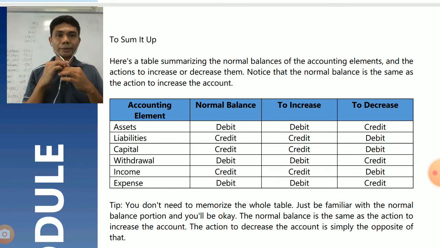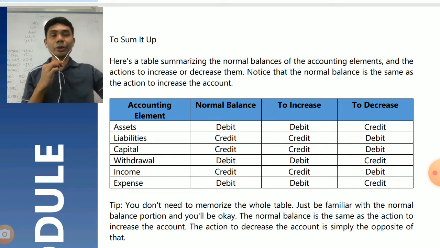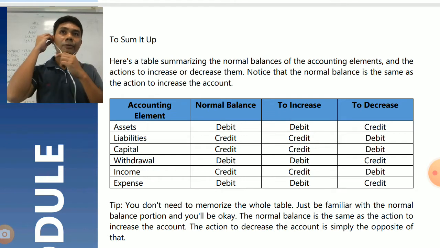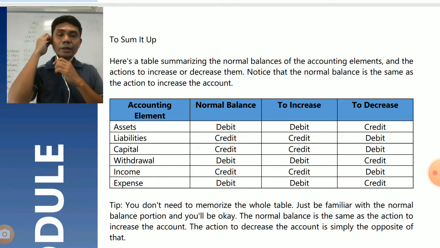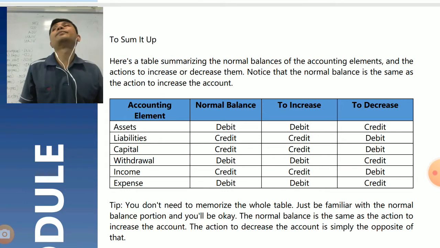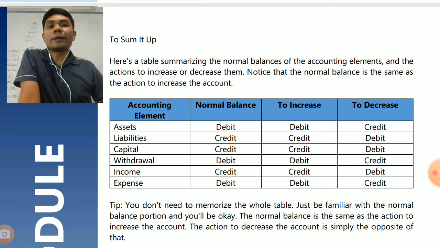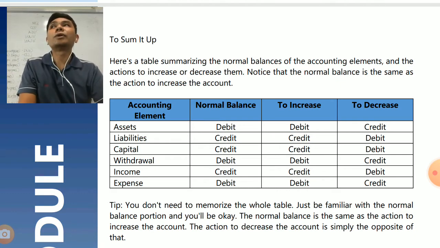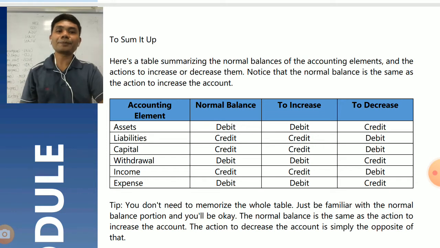Another is withdrawal. For example, you withdraw from your capital. You take money or goods from your business for your personal use; that's a withdrawal. The normal balance of withdrawal is debit. Meaning, if you want to recognize an increase in your withdrawal, then you debit withdrawal. If you want to decrease the withdrawal, then you record it on the opposite side, which is credit.